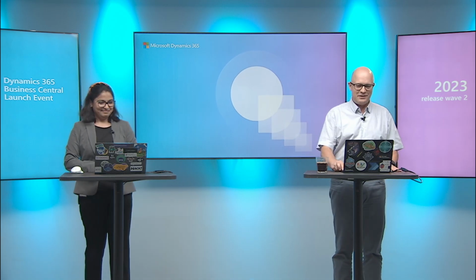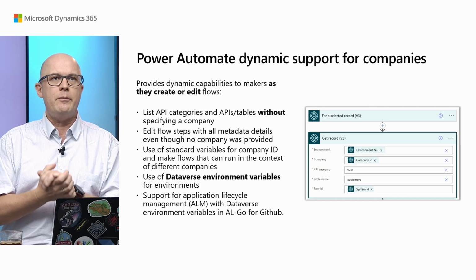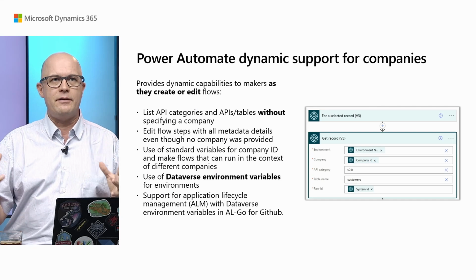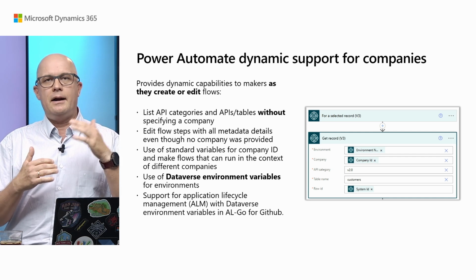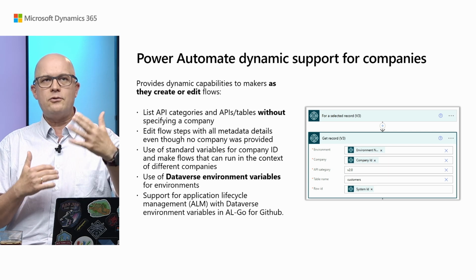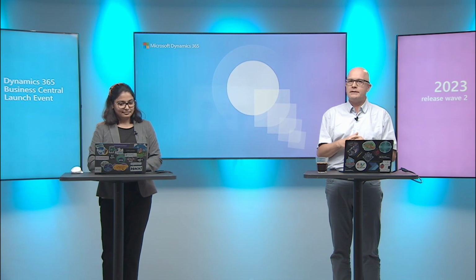Thank you, Monica. That was very interesting. As you have seen, Monica is creating some additional experiences in those templates and playing with the maker experience. And we made it much easier in this wave to manipulate flows and create flows that, when you run them, work with different companies and different environments.